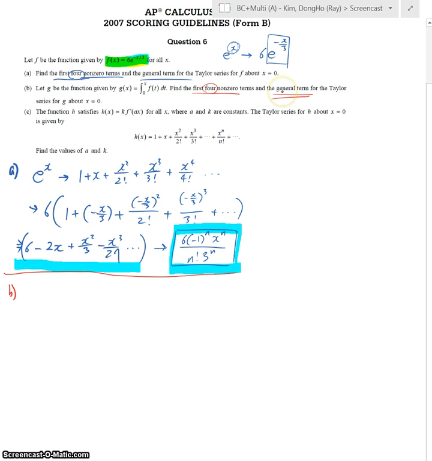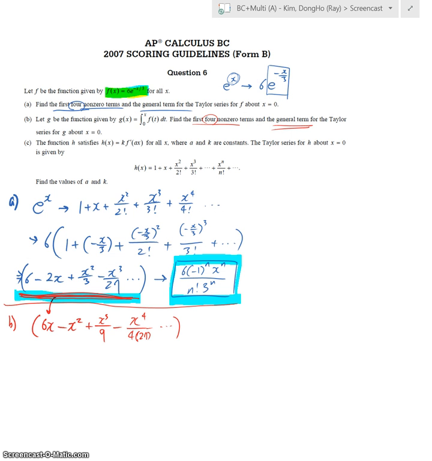It's the same procedure, but we have to be careful with the relationship of f of x and g of x. g of x is an integral of f of t, so all we have to do is integrate the first 4 terms we got from part A. Then we will get g of x. If we integrate that, we'll end up with something like this.